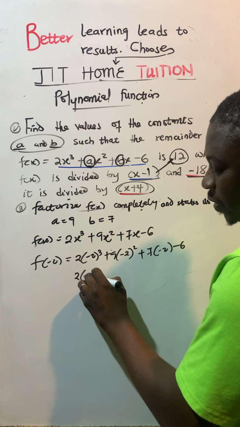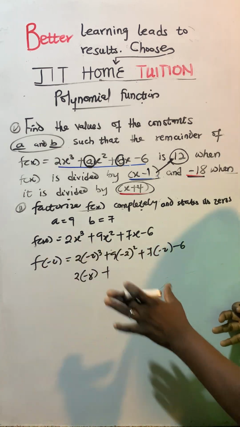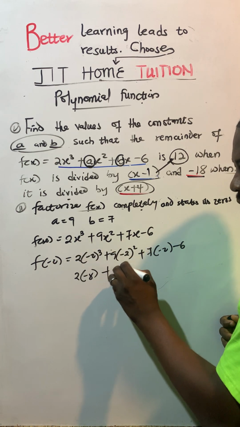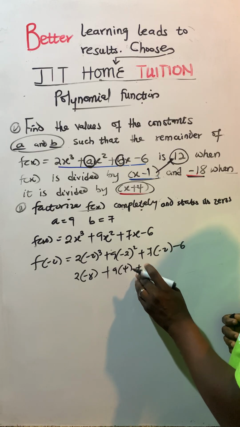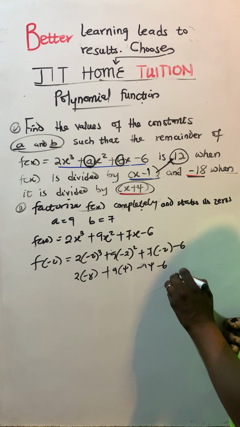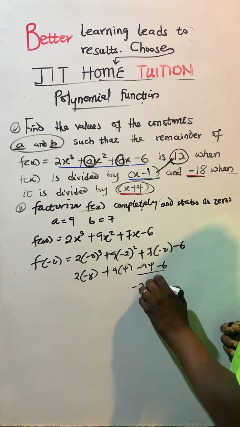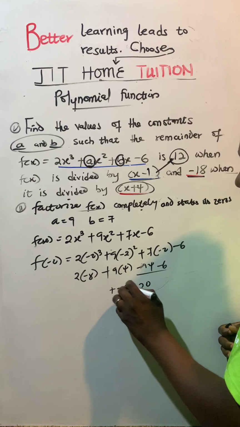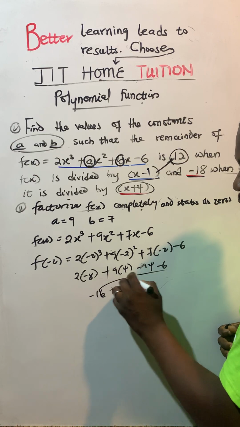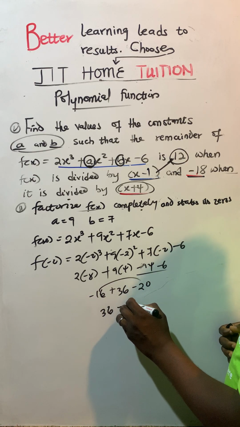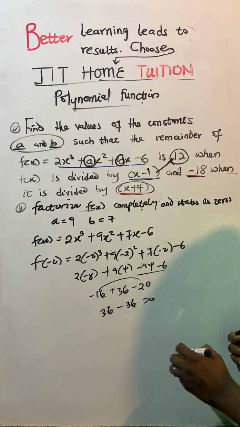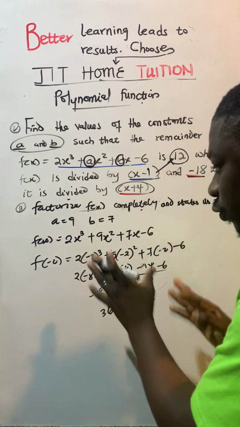This side will be 2 times 8. For this one, you have to show working. Times 4, here will be 14 minus 6. This one will give you 20 plus 36 minus 16. When you put it together, you have 36 minus 36, and that gives you 0. So immediately you do that.